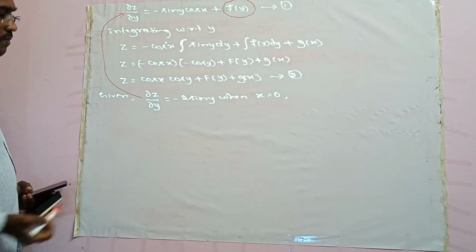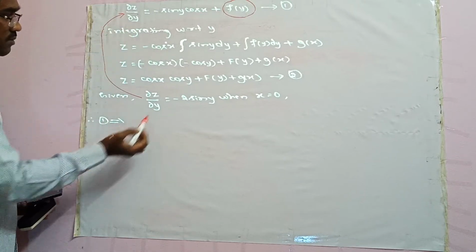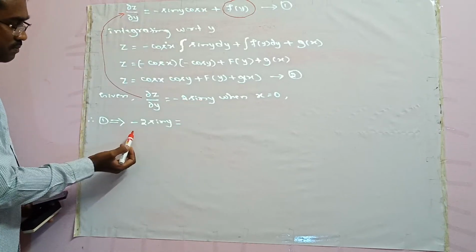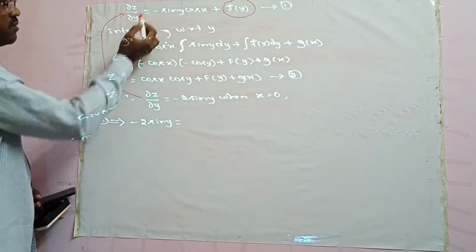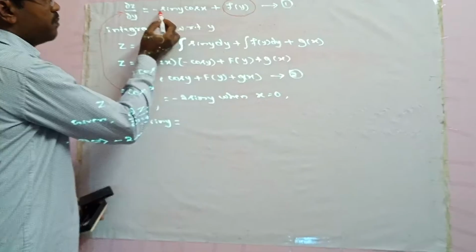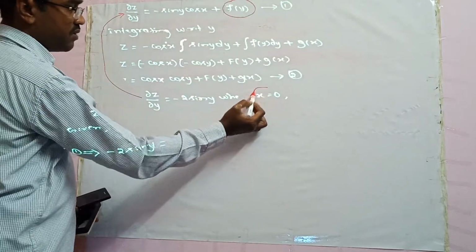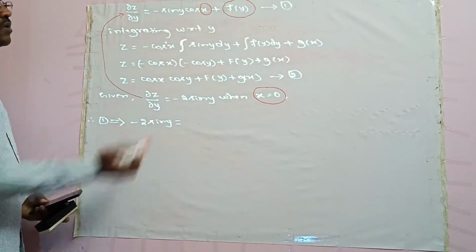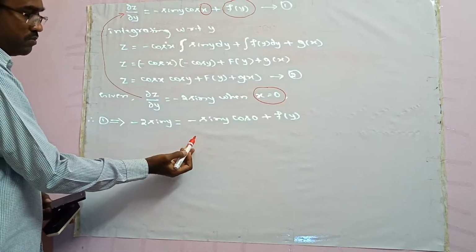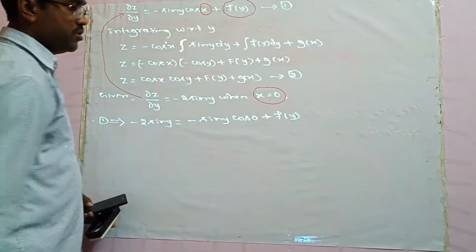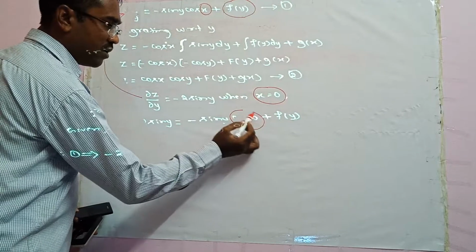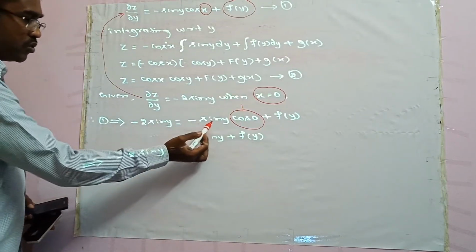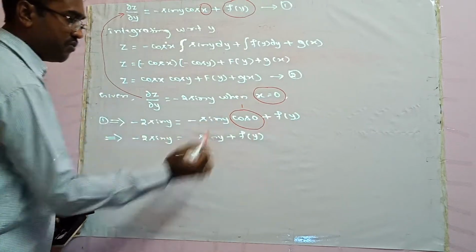Equation 1 implies minus 2 sin y is equal to minus sin y as it is. In the place of x, we put 0 here: minus sin y cos 0 plus f of y. What is the value of cos 0? It is 1. Minus 2 sin y is equal to minus sin y plus f of y.